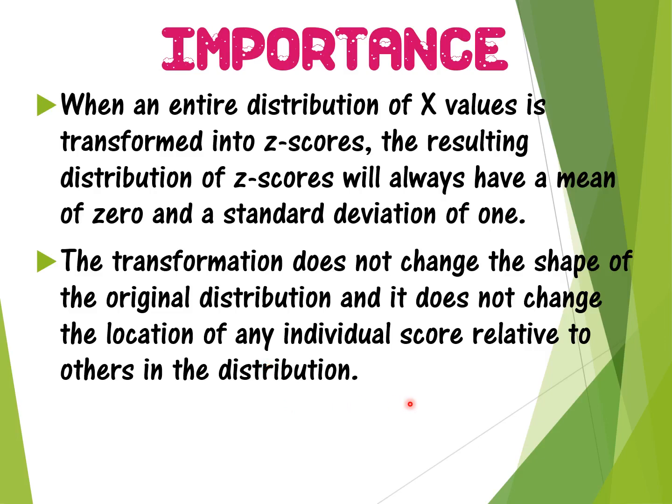That means the distance in a normal curve is still one standard deviation. So whether you change the X values or raw scores, and you change the distance or the standard deviation, you can still locate it in the normal curve. That is how important transforming a raw score into a z-score is.